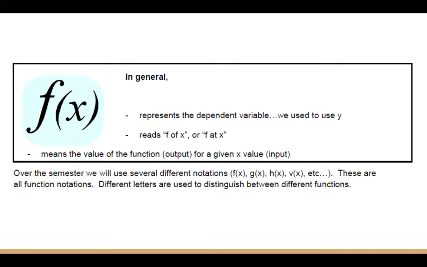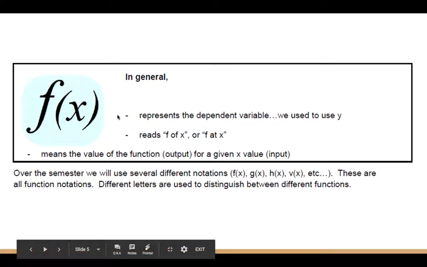We'll use different letters like g and h and v for different types of functions, especially if you have multiple functions on the same grid or in the same question, which we'll see in a second. The common mistake is people think of this as multiplication and think that if they want to isolate x, they can, but that doesn't work. The input value is x and the output, f(x), is the total answer.